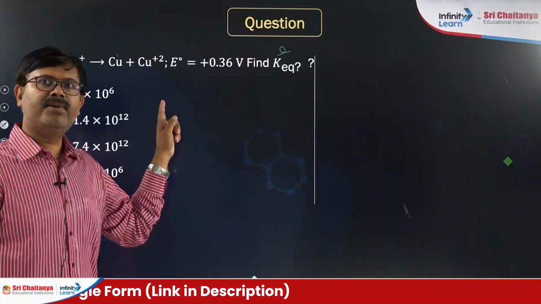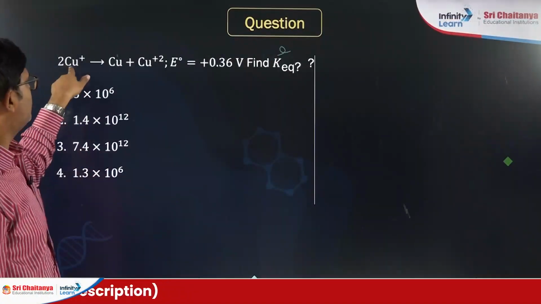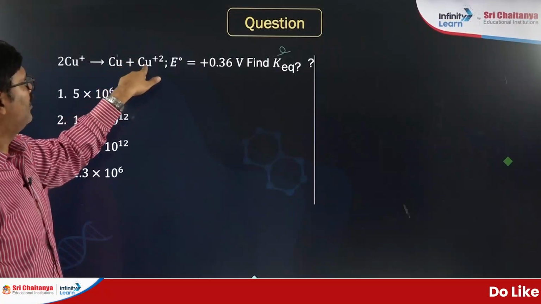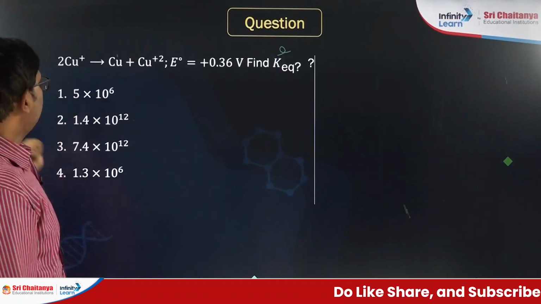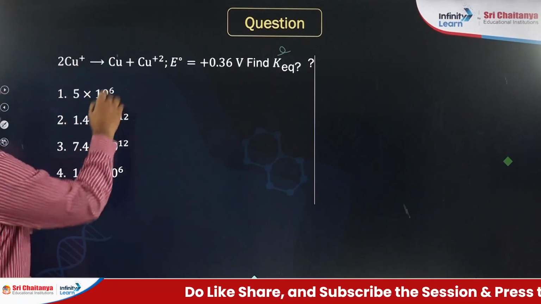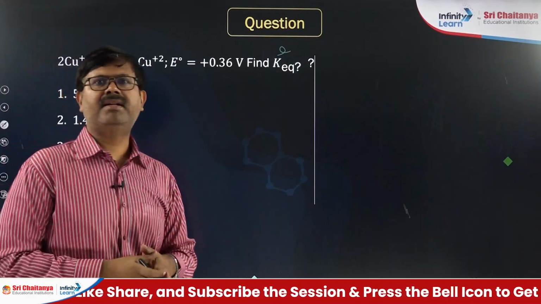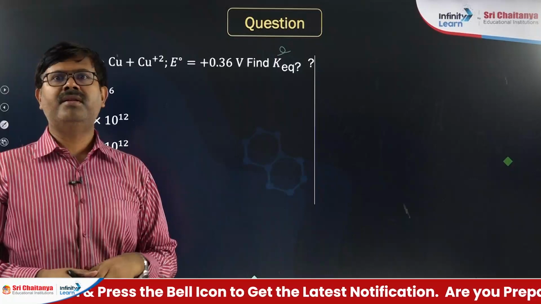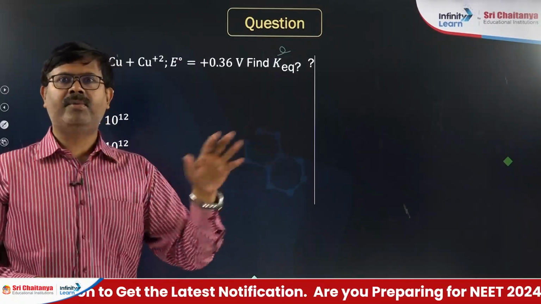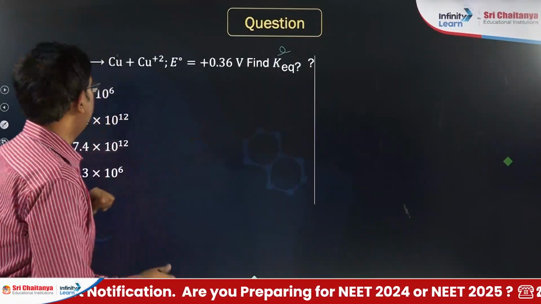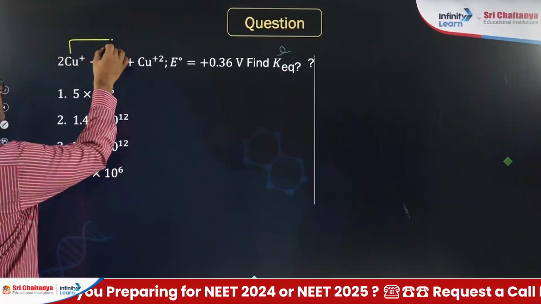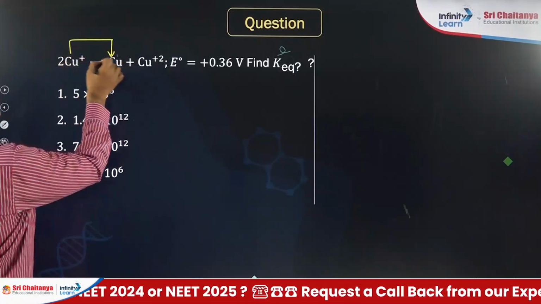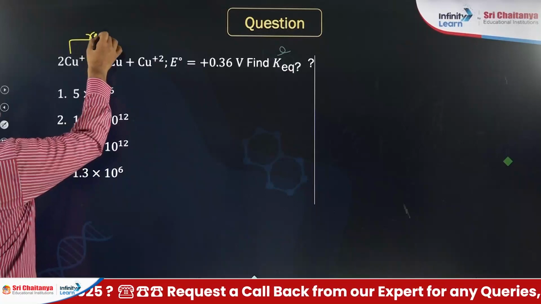This is a disproportionation reaction. Cu plus is converting into Cu as well as Cu plus 2. Now here, generally sometimes students think that here the n value, the number of moles of electrons, they will take 2 and solve the problem. No, look carefully. Out of 2 Cu plus, one is undergoing plus 1 to 0, which means reduction.